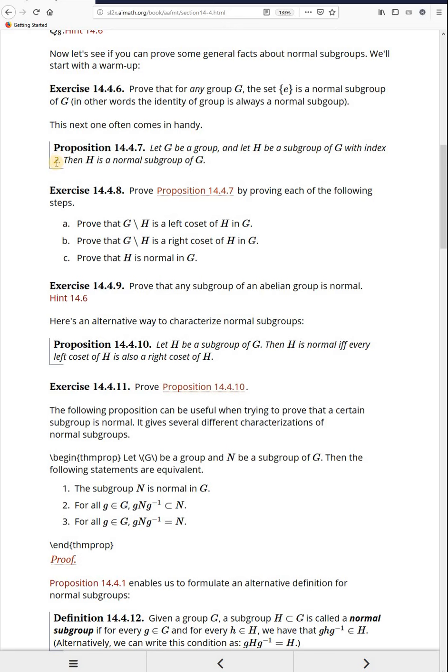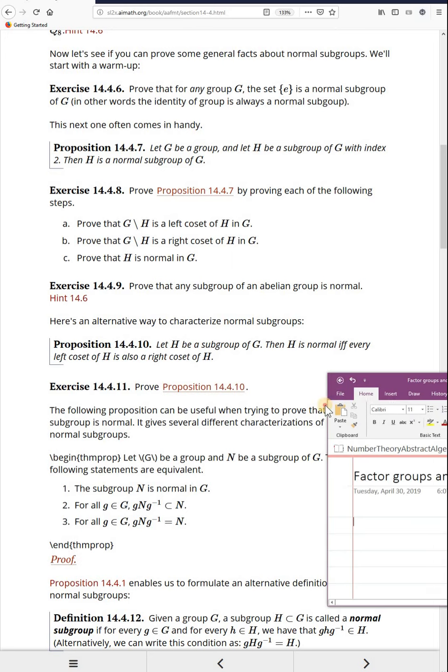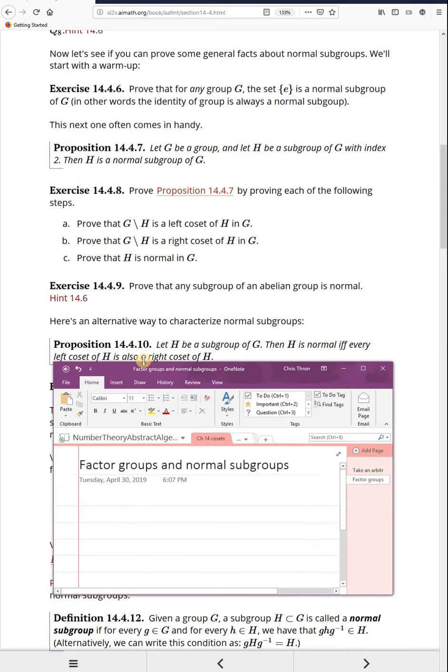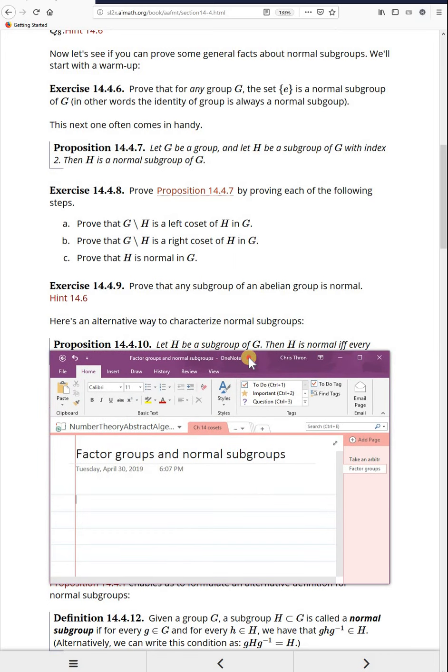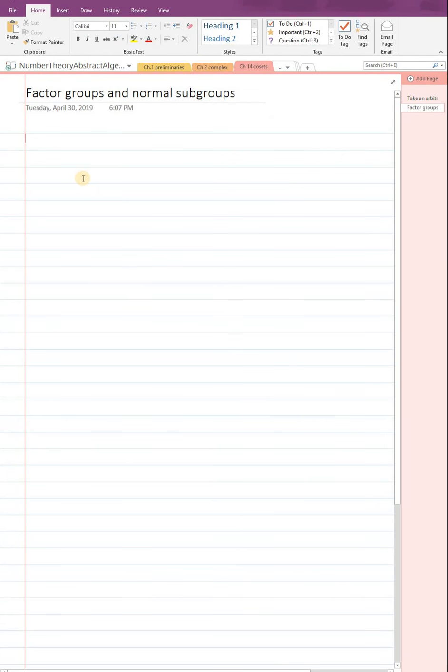The way you write index, maybe I should move this over so we can switch over. Where's my mouse? There we go.